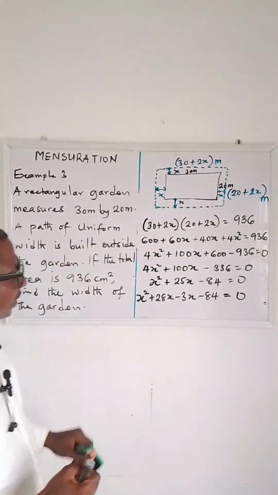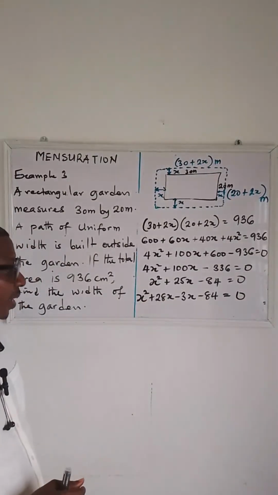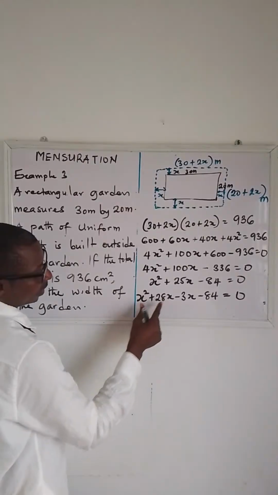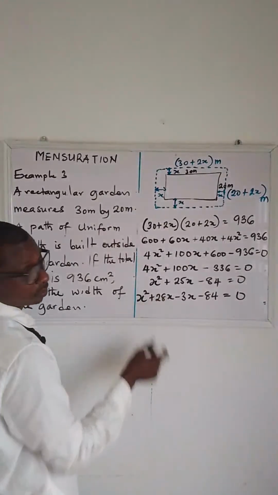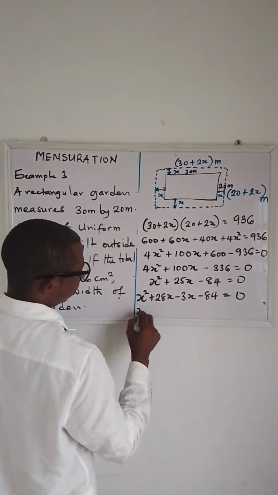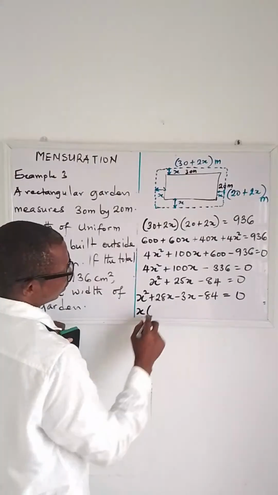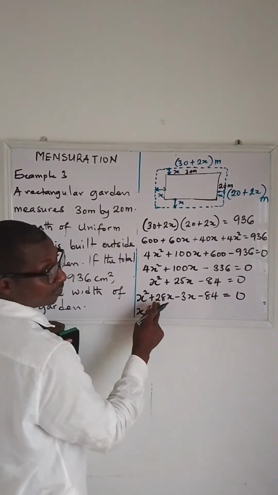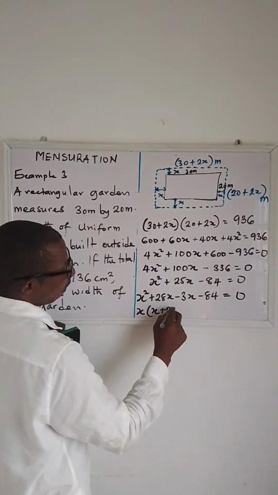Now the next thing is to find the GCD of the first pair. The GCD, the greatest common divisor, is x. When you divide x squared by x, you have x. Divide plus 28x by x, you have plus 28.